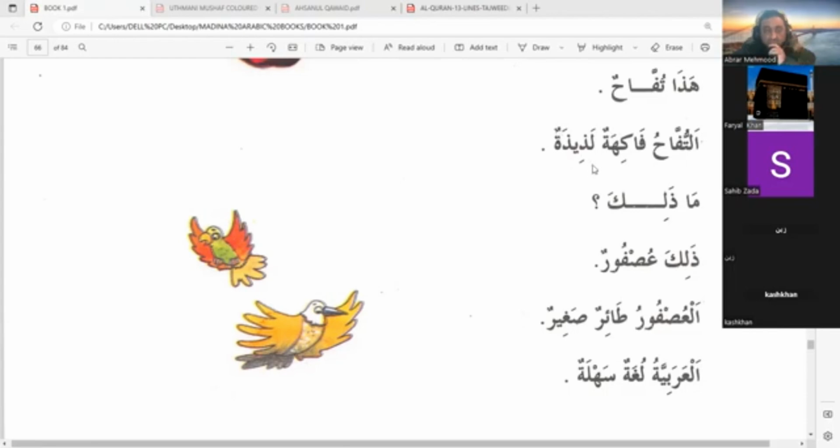Point number 2: are either of these two words masculine or feminine? Just a second.